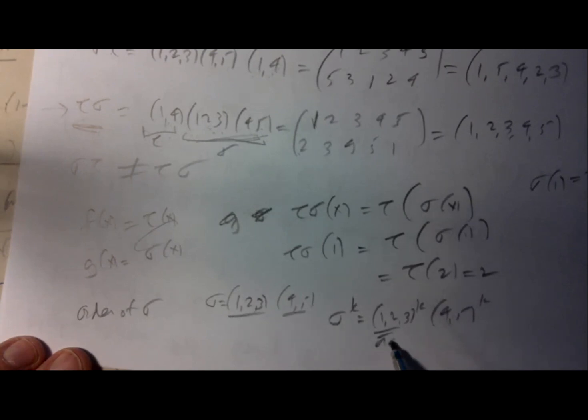And this has order 3. This has order 2. But the smallest k that sends each of these to the identity is k equals 6. So sigma has order 6. If you start raising sigma to powers, the first time you get the identity is when you get to 6.